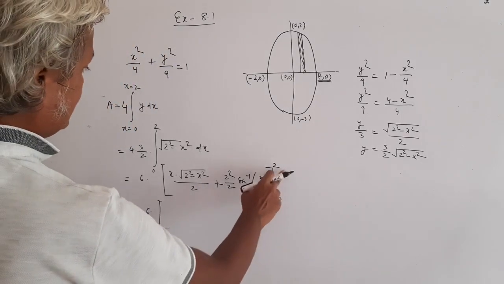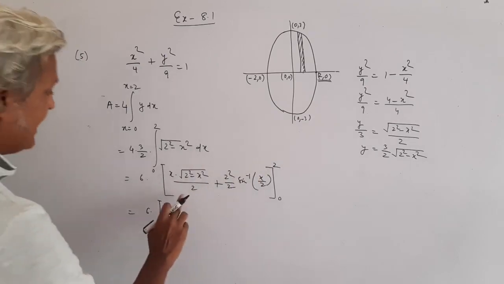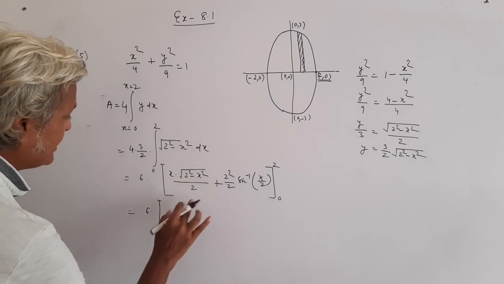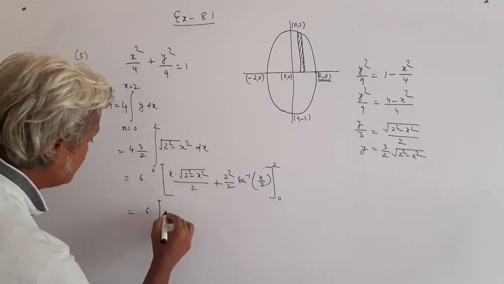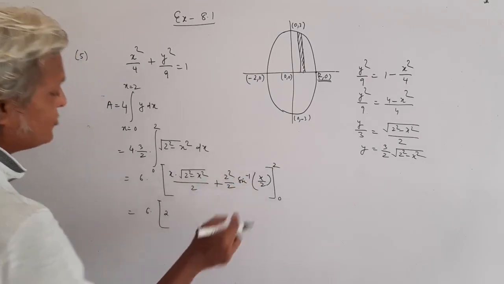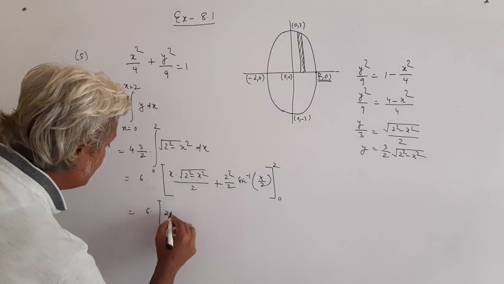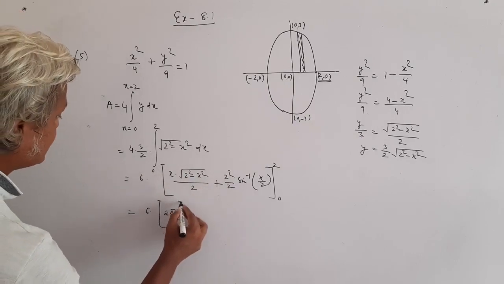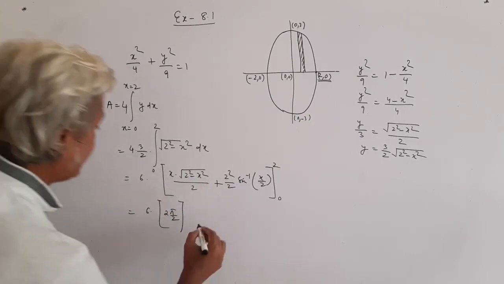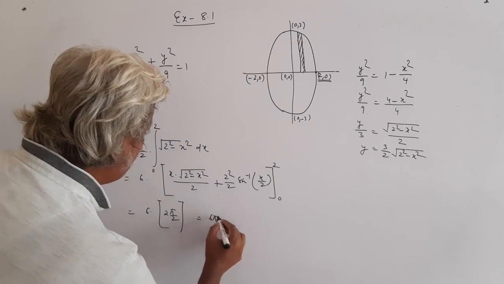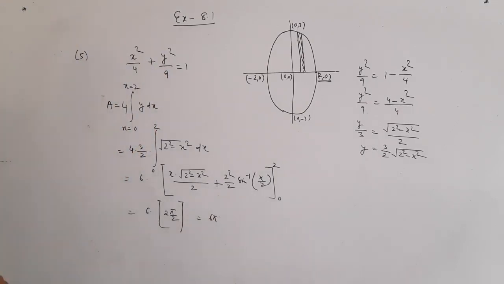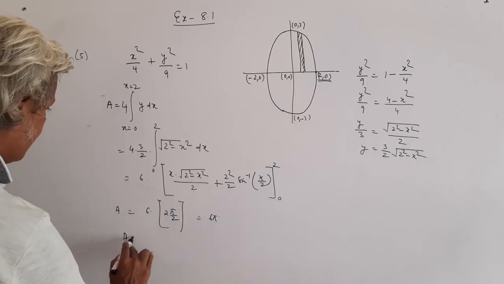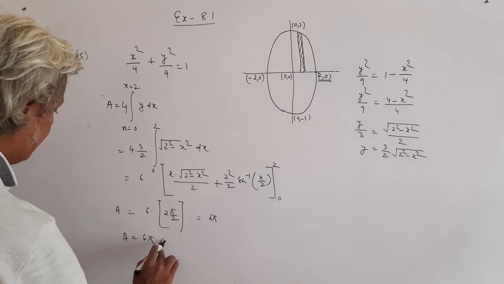If I put the value 2 there, then the first term becomes 2 square minus 2 square, which is 0, and then 2 square by 2 is 2, and sine inverse of 2 by 2, that is 1, gives pi by 2. When you put 0, everything is 0. So this is 6 pi. Since I have already multiplied by 4, this is the answer. So the area is 6 pi.